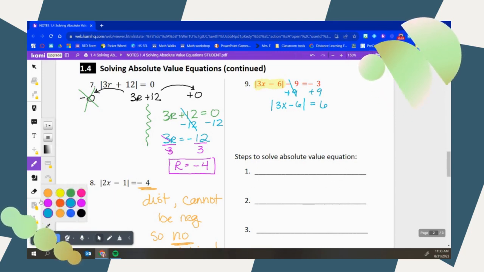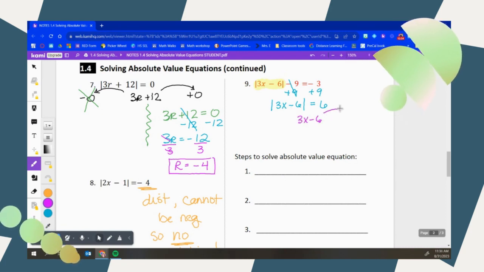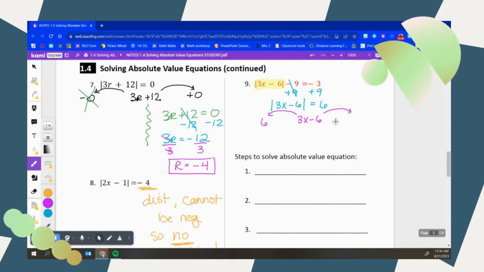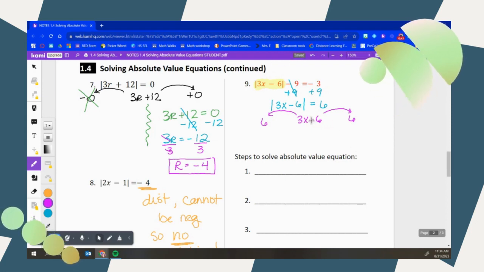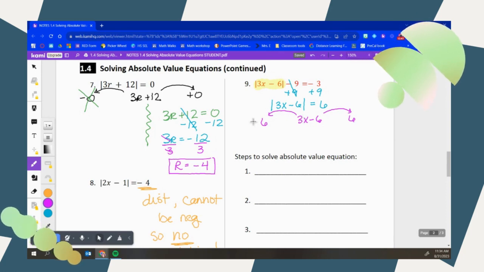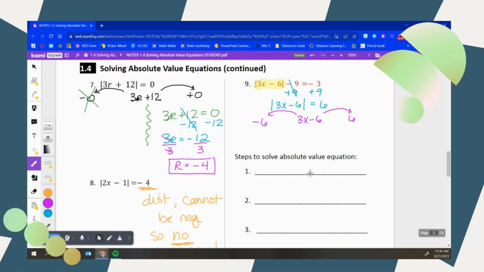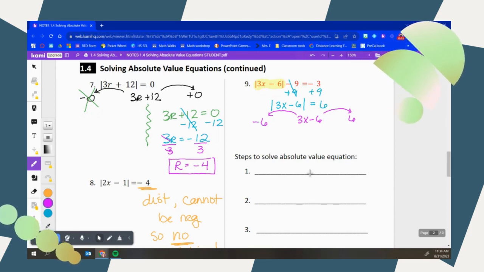All right, so from this point, we can take the guts, the 3x minus 6, and we're going to go a distance of 6 in both directions. Remember, when I go to the right, it's a positive 6. When I go to the left, it makes it a negative 6. Basically, you're just going to take that number both times. You're going to make one positive and one negative. So that gives us our 2 equations.